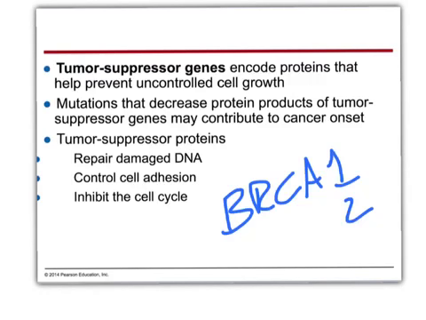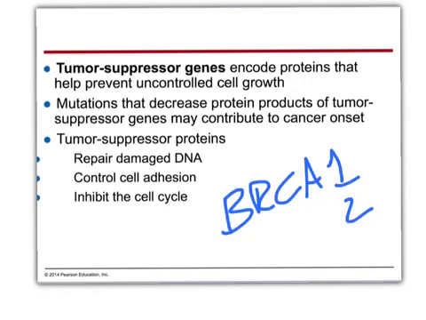BRCA, what is that? It's breast cancer. It's a protein first associated with breast cancer tumors. Okay? And they looked at breast cancer tumors as opposed to other tumors and found that there was a disruption in this gene that led to the formation of breast cancer.